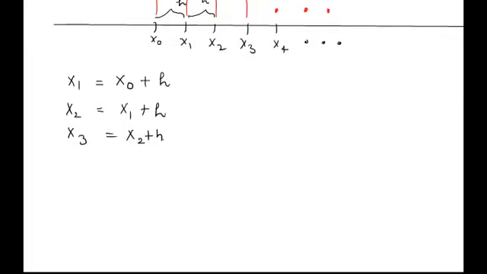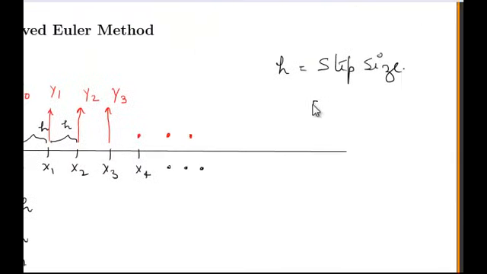You go till the end of the interval in which you are trying to find the solution. Suppose you are looking for a solution in the interval x0 to xn. This is your starting point.